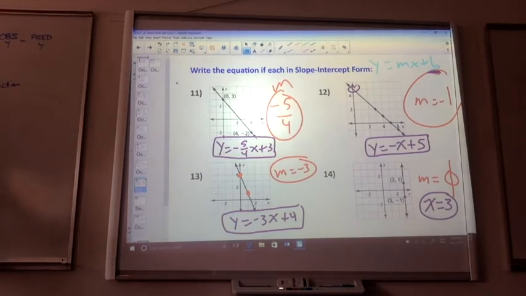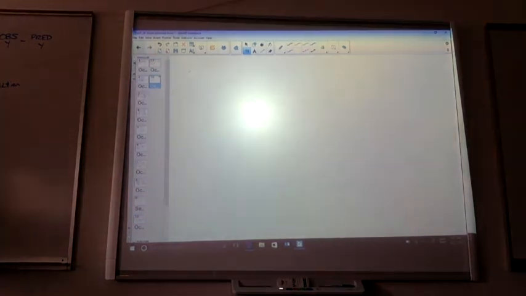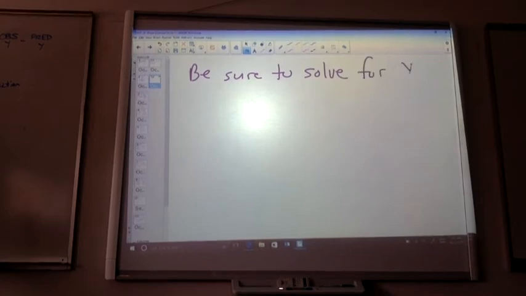Questions? Yeah. So if you would have found the slope, and then you would have gone up to the y value on the y-axis, that would be slope plus whatever's on the y.